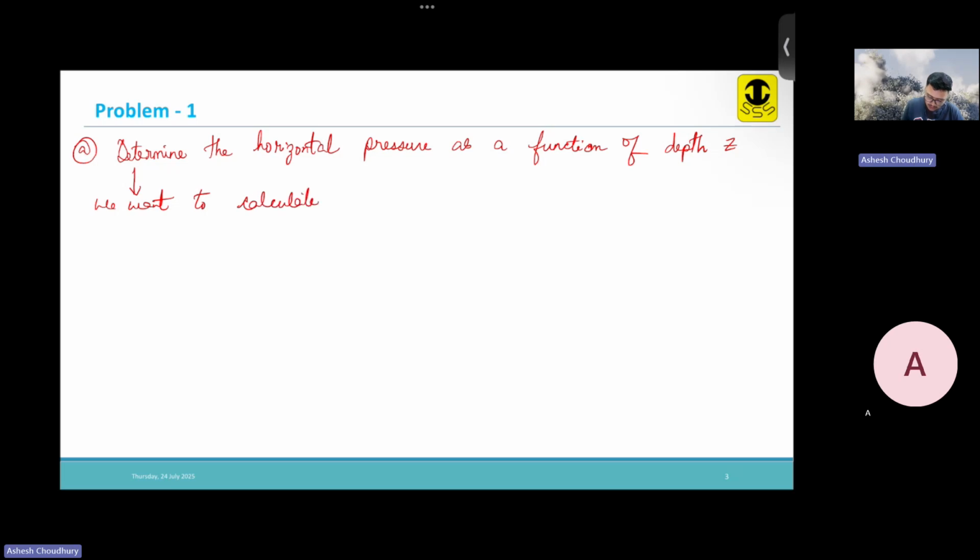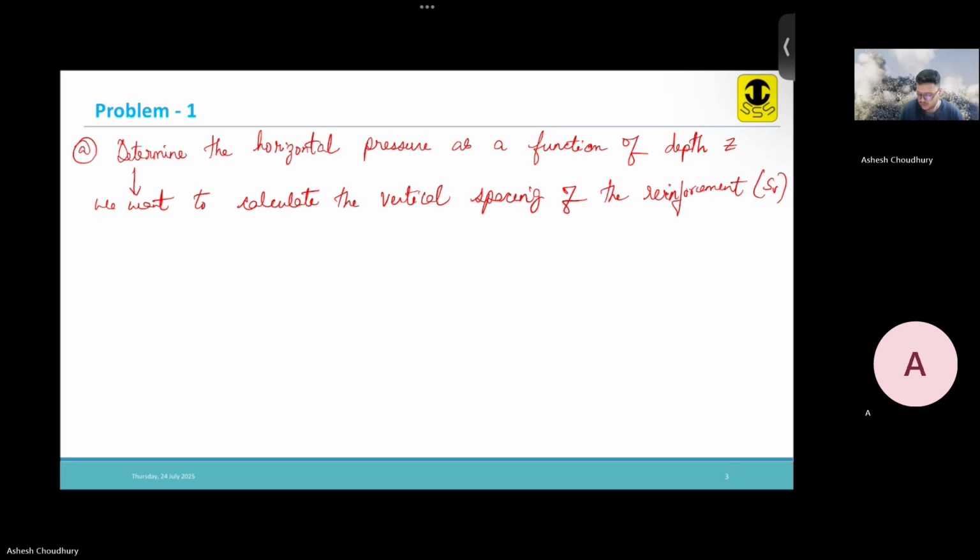What we want to do is calculate the vertical spacing of the reinforcement, which is SV.